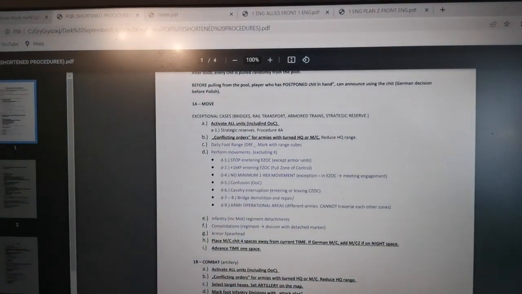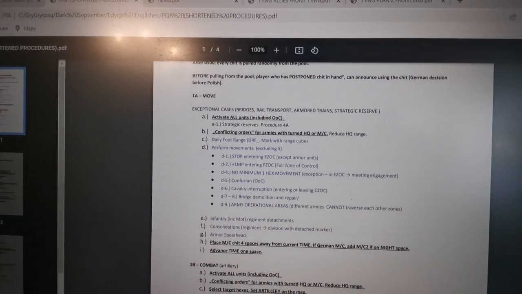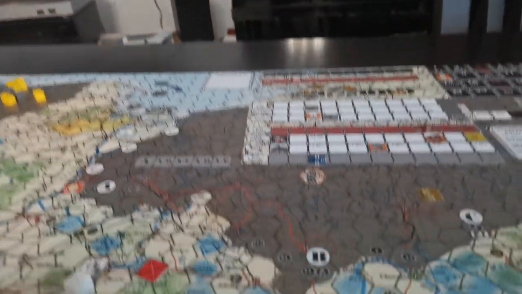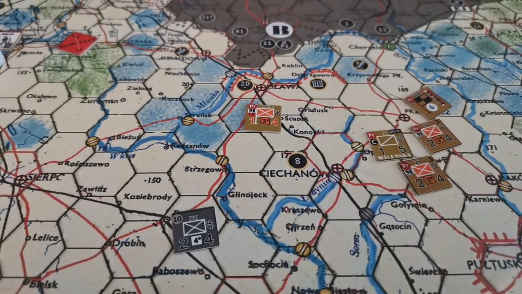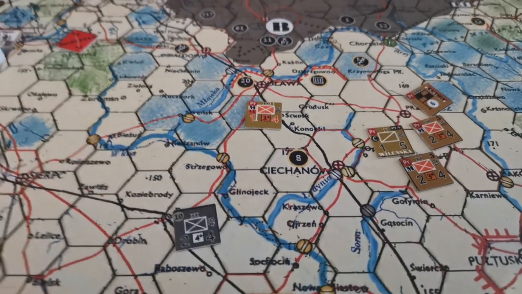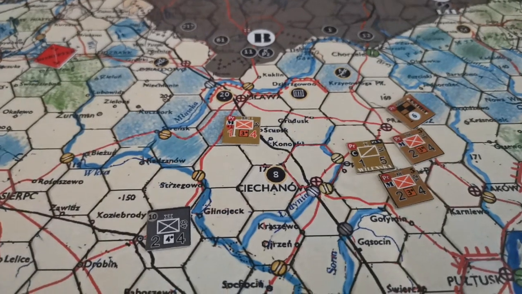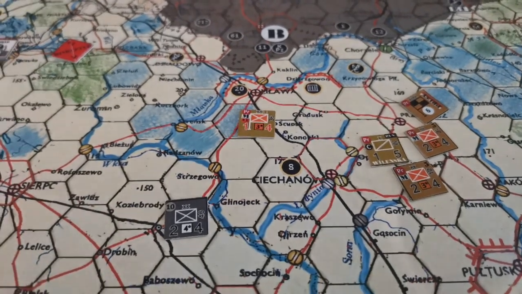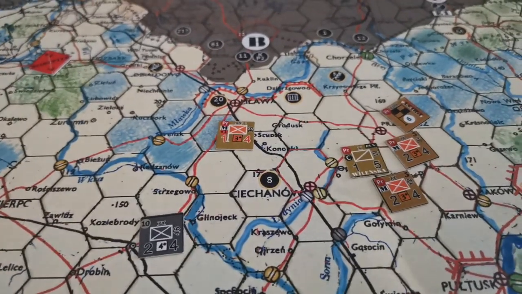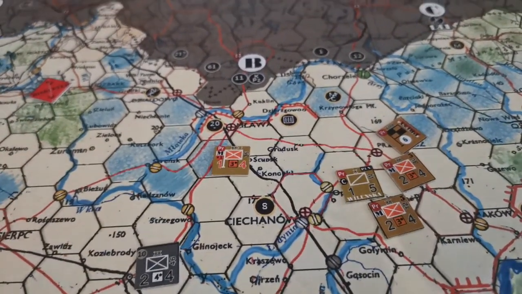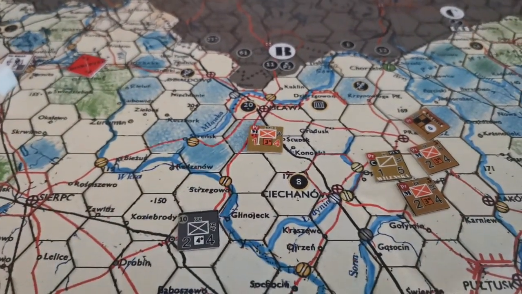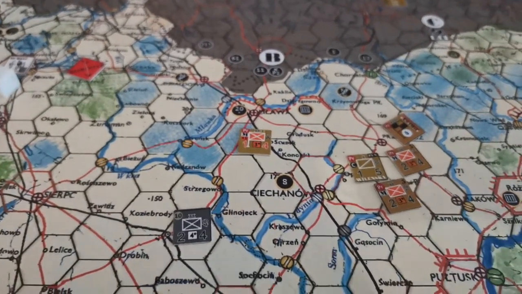Next one is bridge demolition and repair. Bridges come in a few classes. Basic ones are yellow, orange, and red. Red can be blown by the Polish player when he wants to. In case of orange and yellow bridges, the difference is in die rolls.